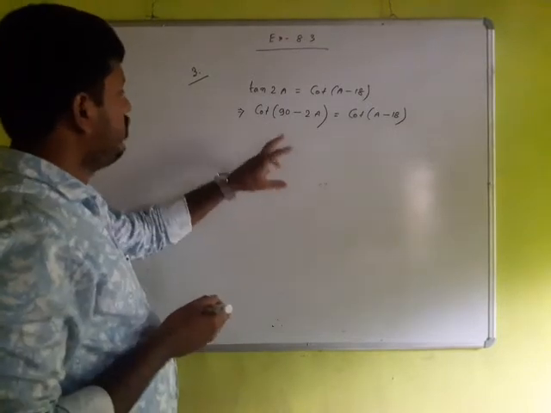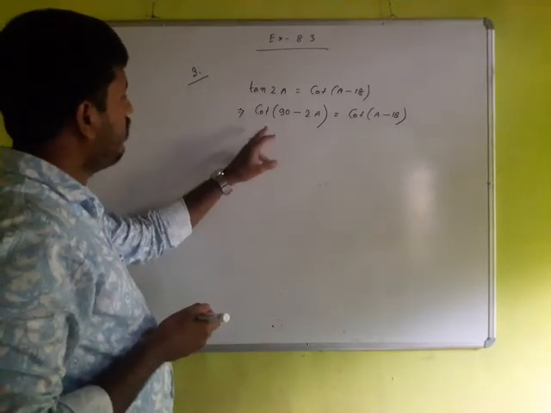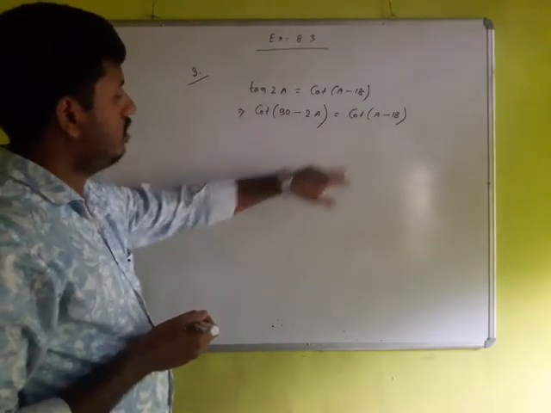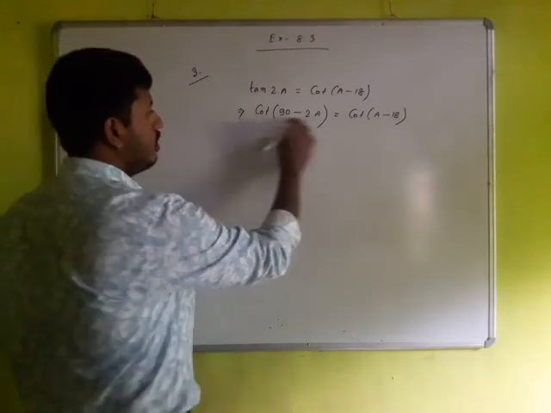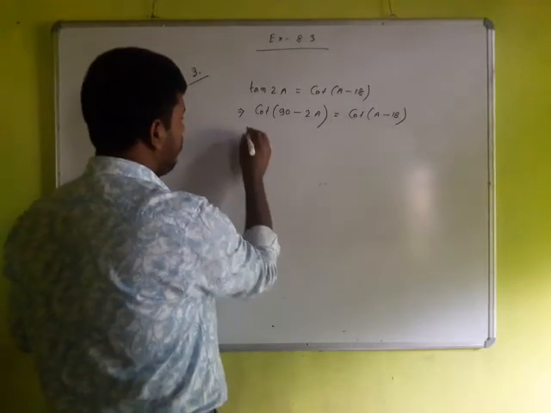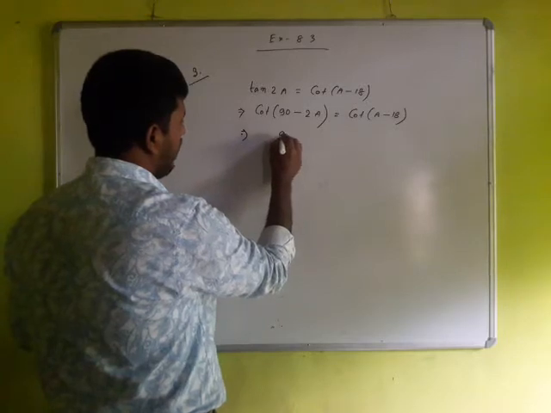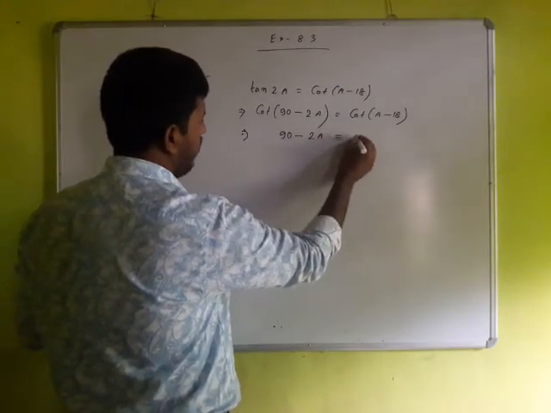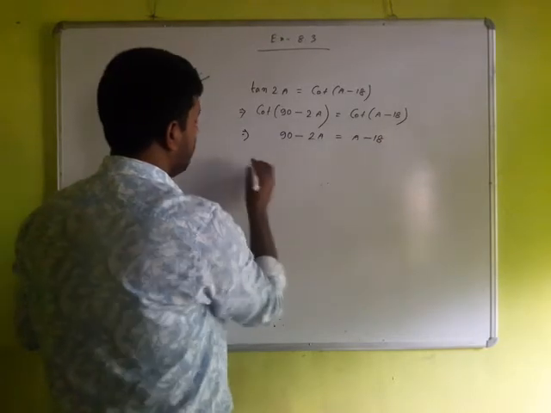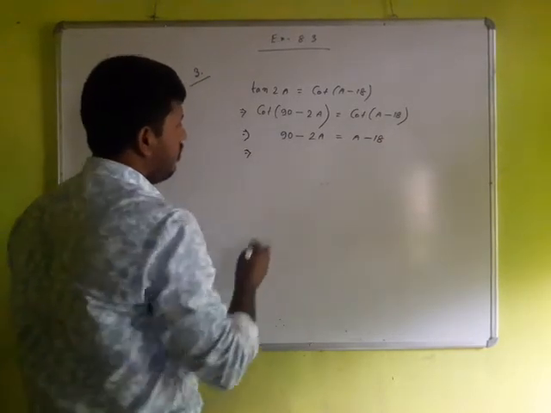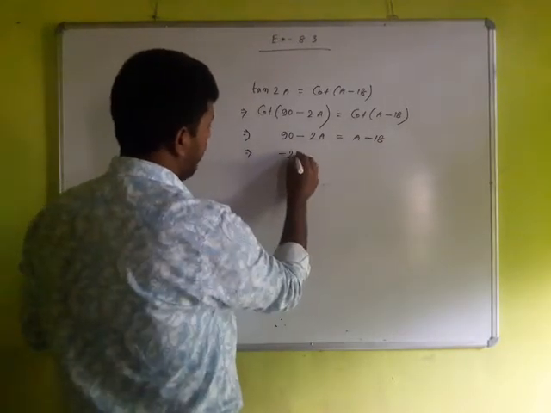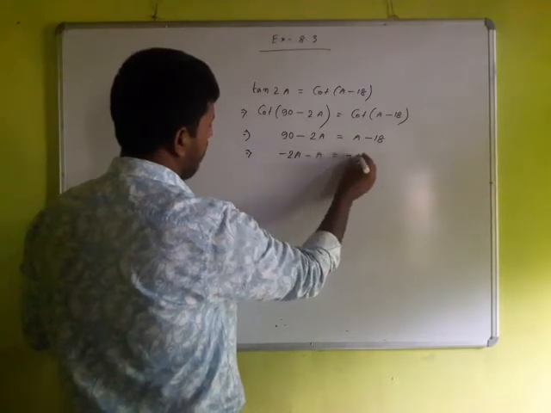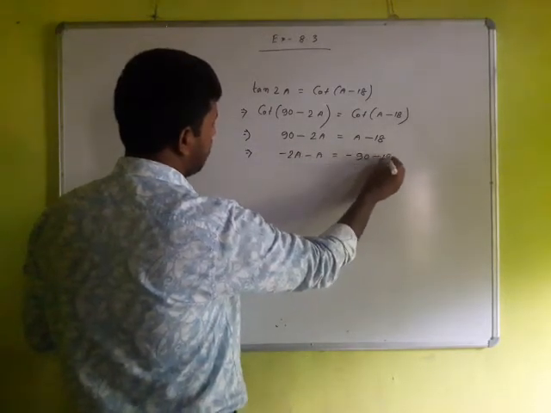So both the ratios are the same on either side of the equation, that is, cot. So eliminating the cot ratio on both sides, we take 90 minus 2a equal to a minus 18. So we have to solve minus 2a minus a equal to minus 90 minus 18.